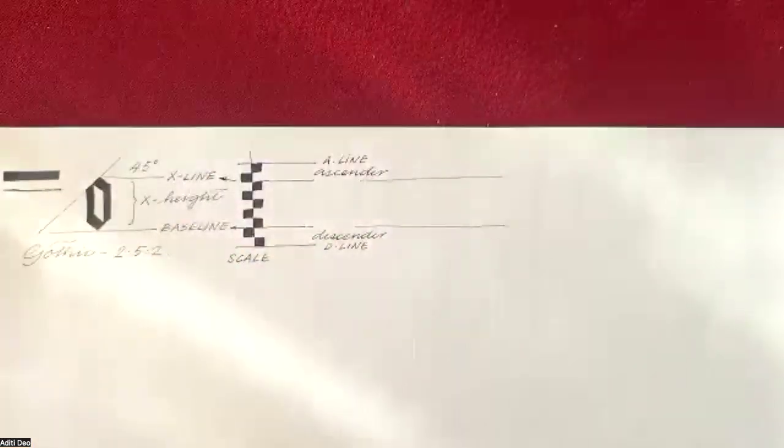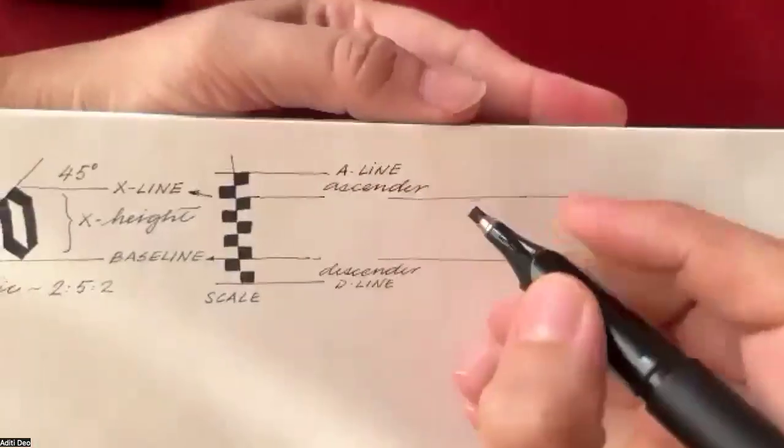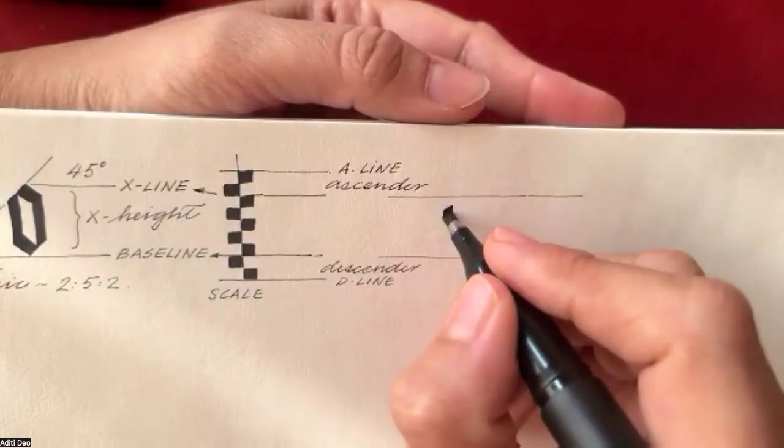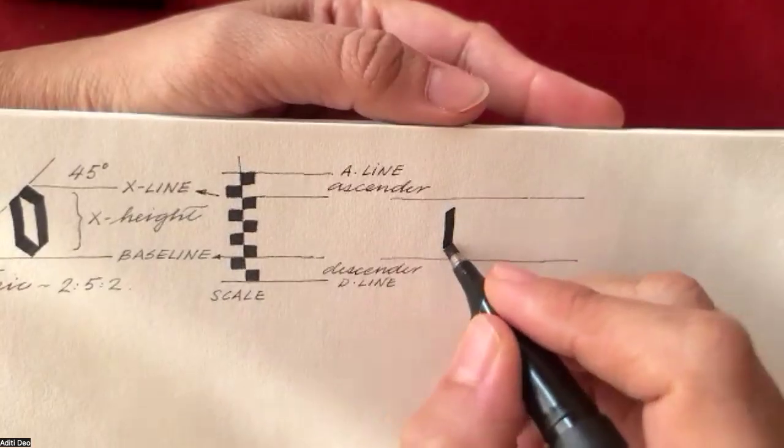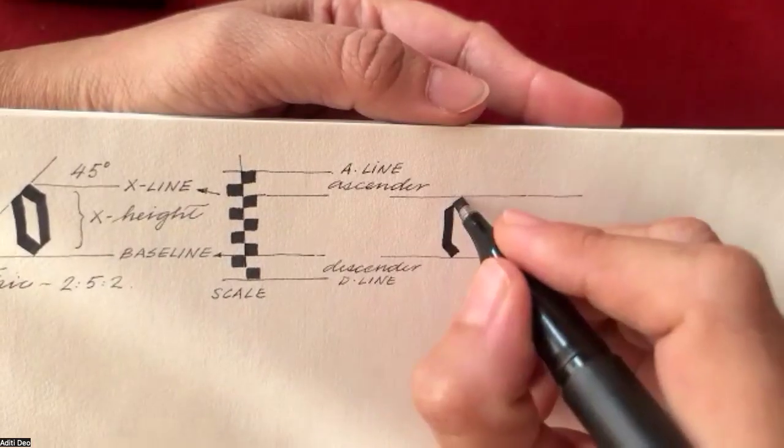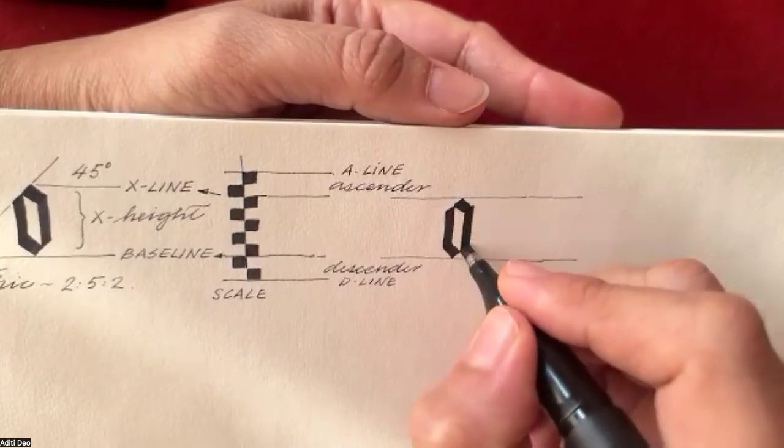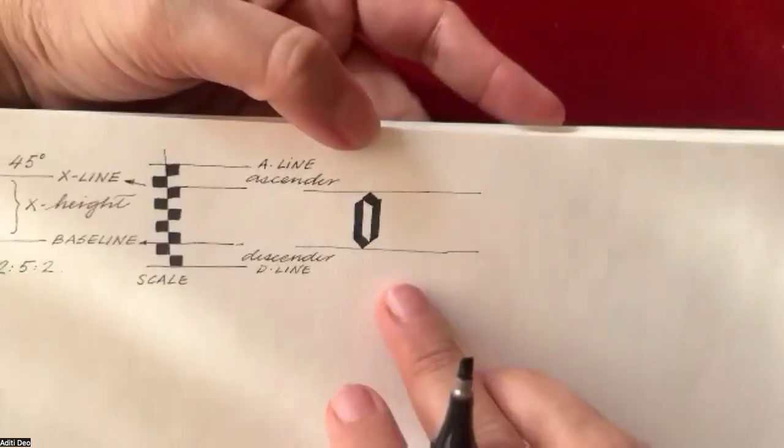So let me try writing the O one more time. Once I have this measure, I can recreate this proportion anywhere with any pen.